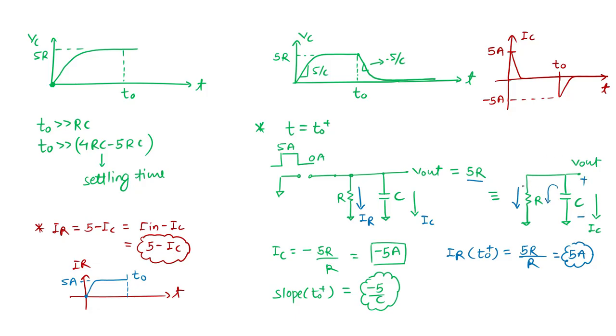With that polarity, my resistor current is still in the same direction, which is nothing but V out by R, or VR by R, or VC by R. So the resistor current is not going to change its direction, while the capacitor current will change its direction. It will go from this value to 0.